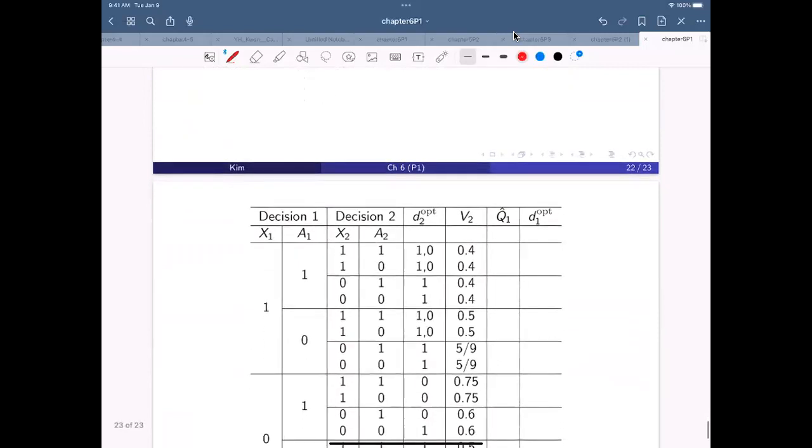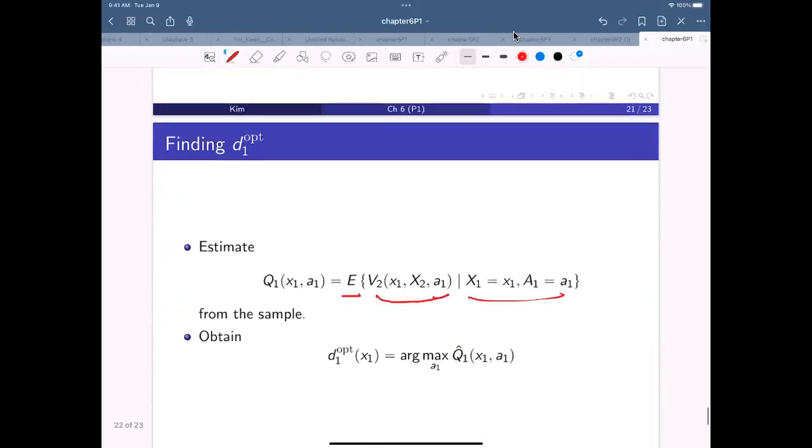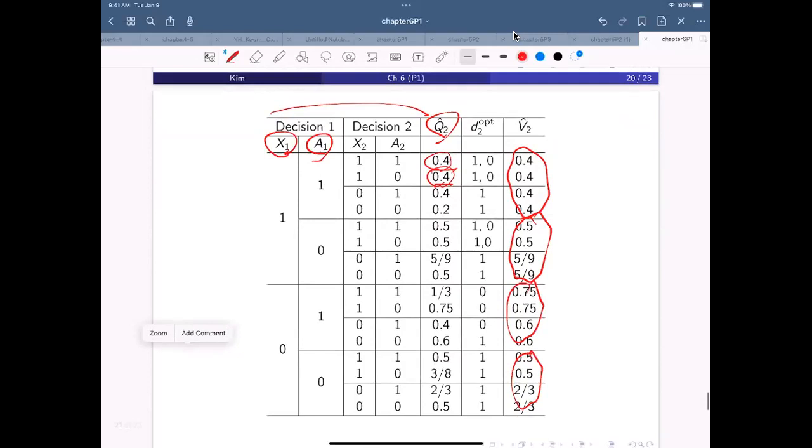But in this example, it does not matter because A2 are all the same in each of the cells. Actually, here it's the same, but they are different. Oh, yeah, right. So this one doesn't matter. No matter what, this will be 0.4.